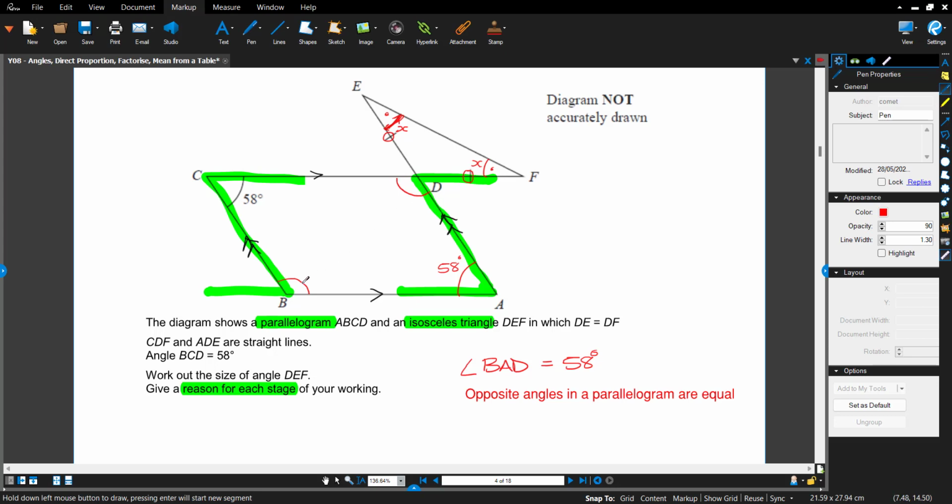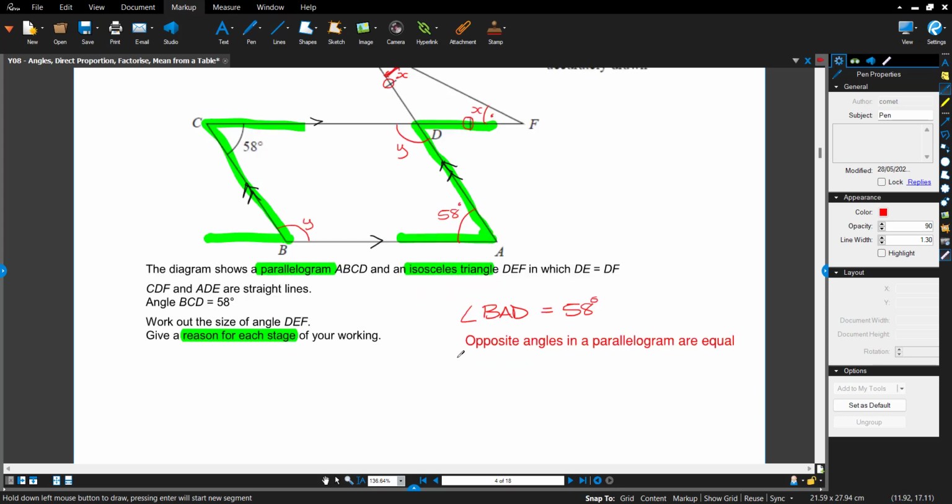Now these two guys are the same because they're opposite. So let's just call that Y and that Y. So let's just do this. So we know 2y plus 2y plus 58 plus 58 plus 58 degrees. Well, that equals 360 degrees.